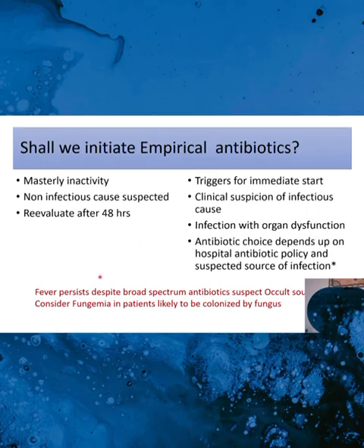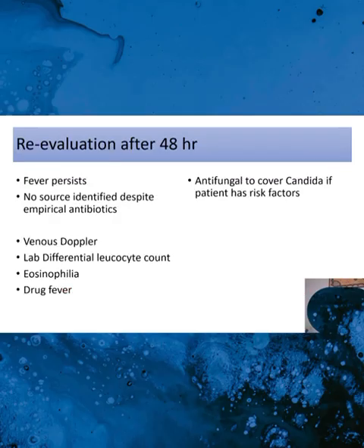If despite broad-spectrum antibiotics your patient has persistent fever and fits a clinical context where he may be at high risk for fungal infection, you consider fungemia, or the patient to be colonized by fungus, and you can start antifungal in such a situation. What to do after 48 hours? If the fever persists and no source is identified despite empirical antibiotics, in the right clinical context, as I told, you should cover for antifungal, Candida auris.